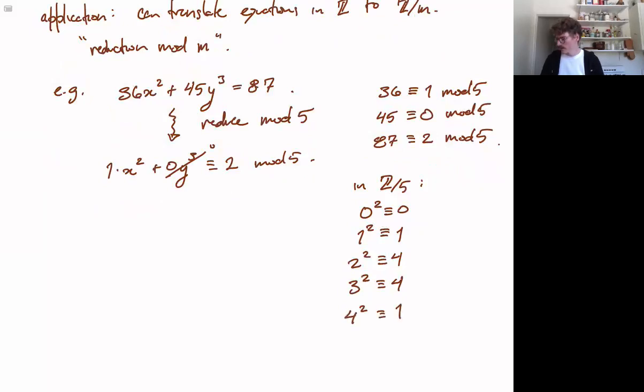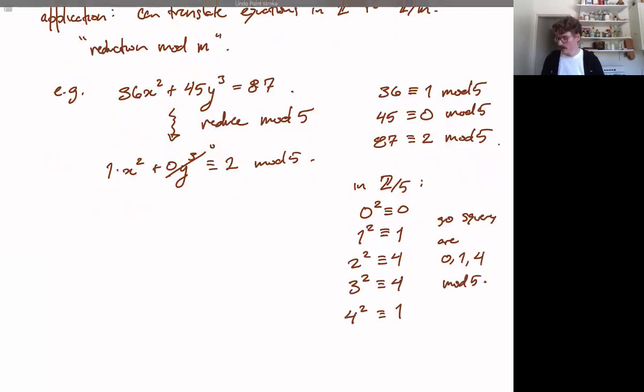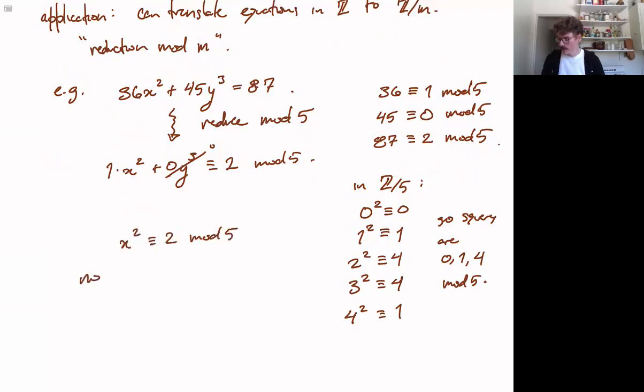So it is congruent to 1. So squares are 0, 1, or 4 mod 5. And this equation is asking for a situation where x squared is congruent to 2 mod 5. So there are no solutions.